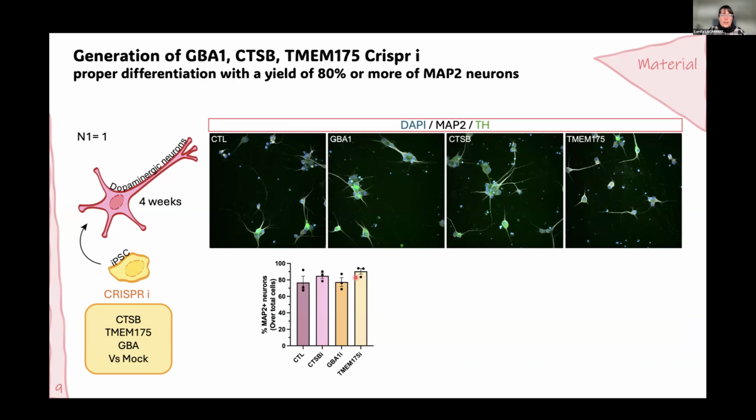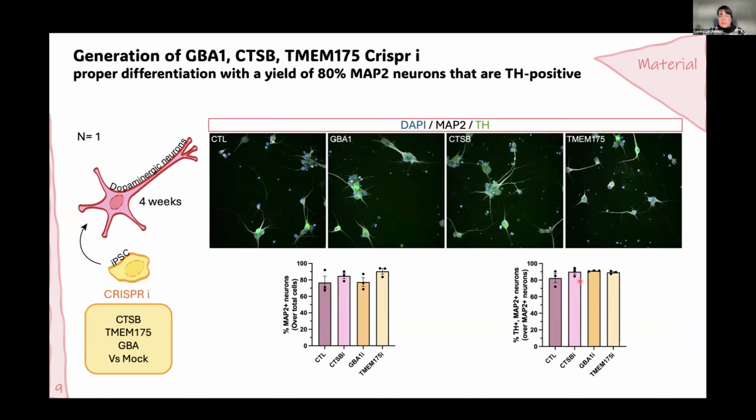And we calculate the percentage of MAP2 neurons and the percentage of TH neurons among the MAP2 neurons, and we see a quite good differentiation. So this has to be validated, but it's a good start.